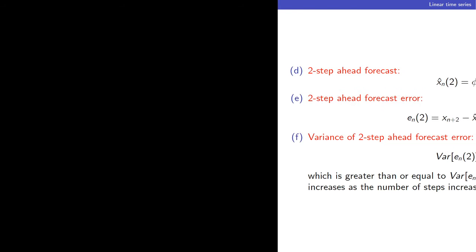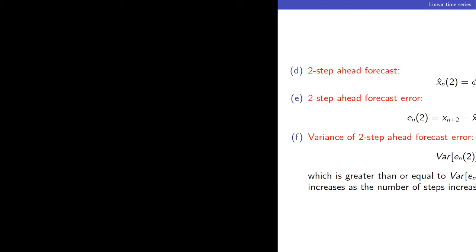If we go two steps ahead, we have phi1 squared times x_n for our estimate, and if we go for the error, it will be the same, x_{n+2} minus the estimate we have made with our model, and that's a shock factor plus phi sub 1 times another shock factor.